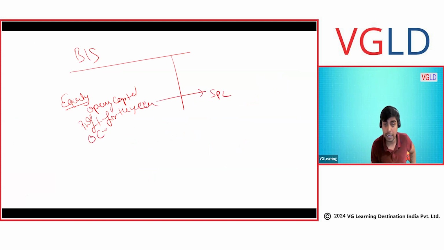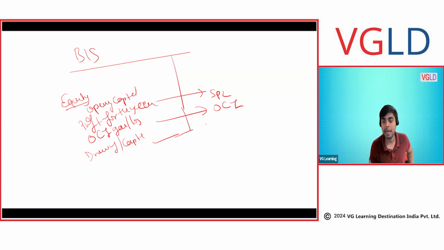We have OCI, gain or loss, coming from other comprehensive income. Then again, we have drawings, or basically the capital introduced. And finally, we have capital at end.